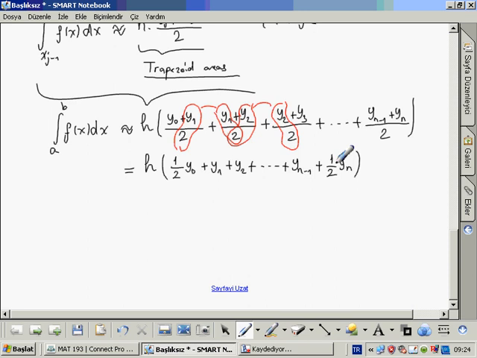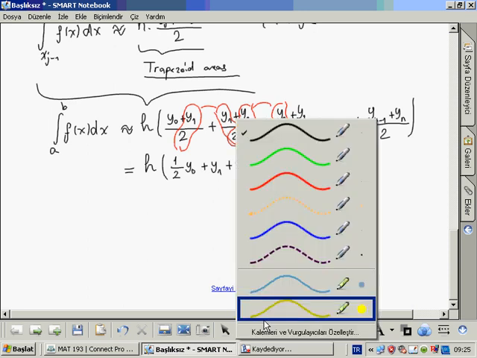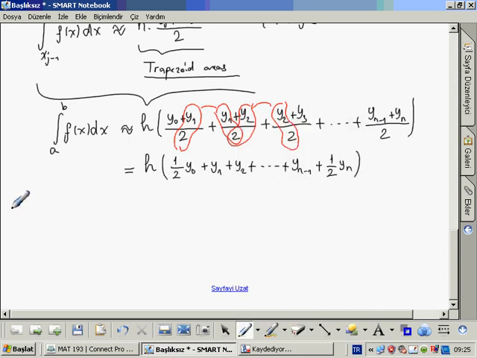And let me write the definition of the trapezoid rule.